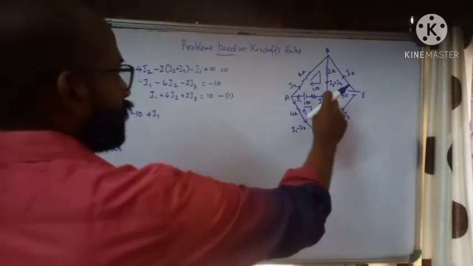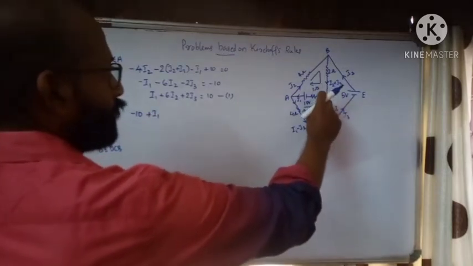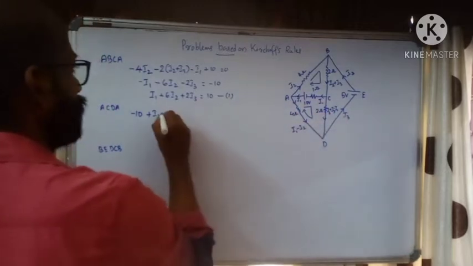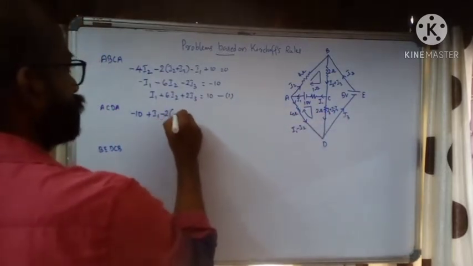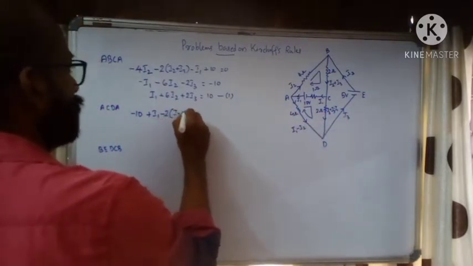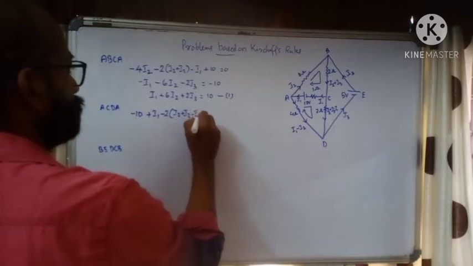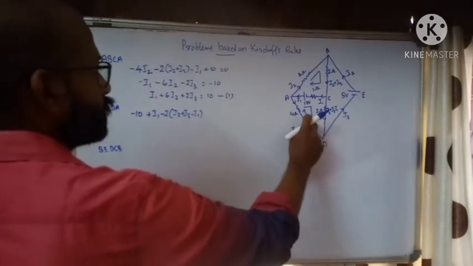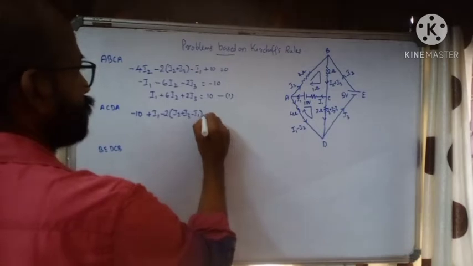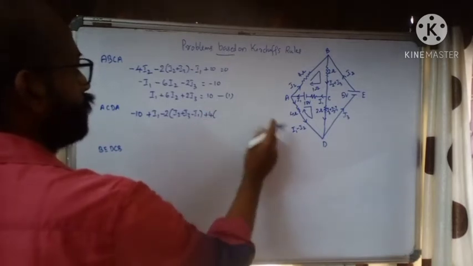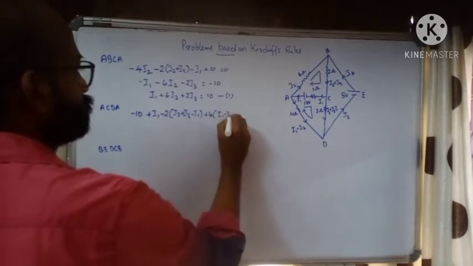Now we come here and travel with the current in the same direction, so we take negative voltage: minus 2 into (I2 plus I3 minus I1). Now we move upwards against the current, so we take a positive value: 4 into (I1 minus I2).